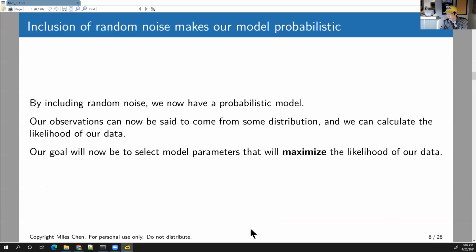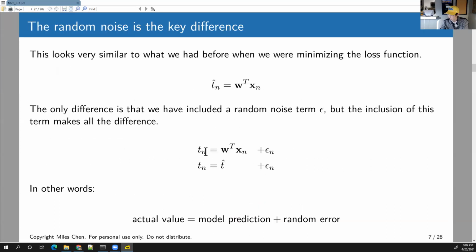Over here, the values t are not treated as fixed values, but are values subject to random noise.